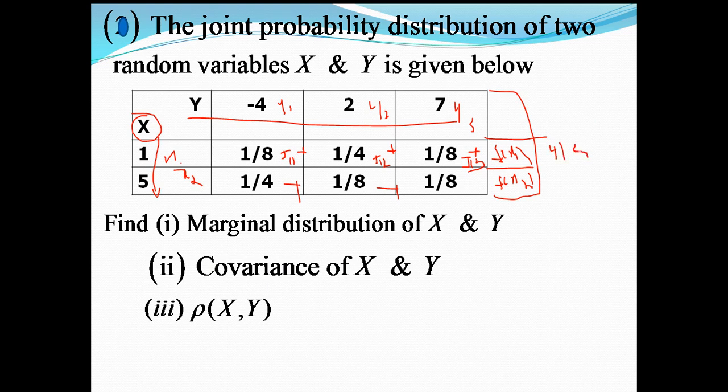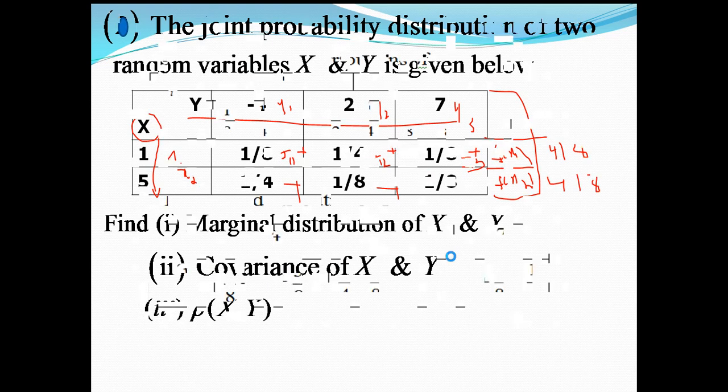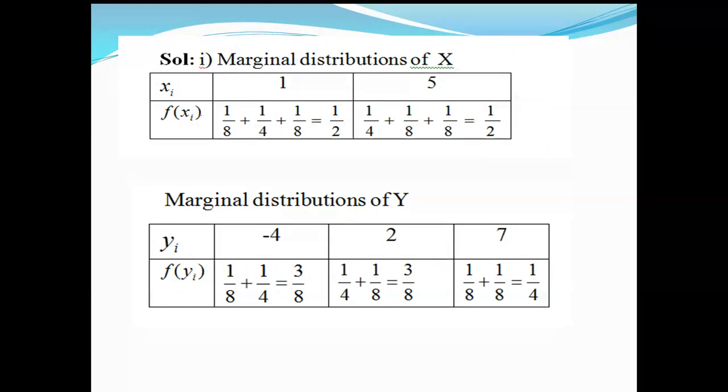F of x1 is 4 by 8, whereas here 2 plus 1, 3 plus 1, this is 4 by 8, that is f of x2. So we can put this in the table. X takes the values 1 and 5, and f of x we can find by adding the first row of the joint probability table, and in the second row adding all the elements we get this.